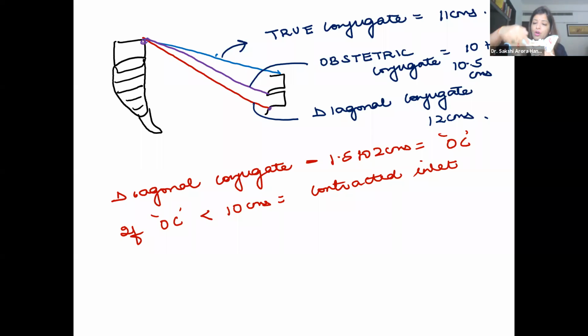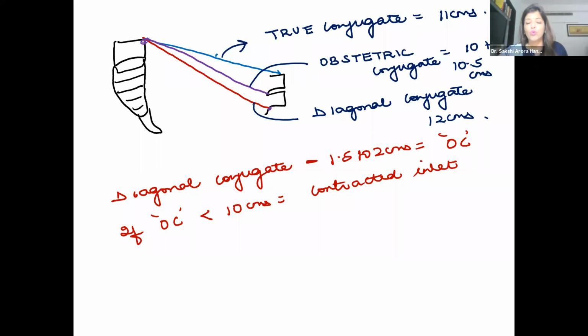So from the upper border of pubic symphysis up till sacral promontory, true conjugate. From the middle of pubic symphysis up till sacral promontory, obstetrical conjugate. And from the lower border of pubic symphysis going up till sacral promontory is diagonal conjugate. And obviously, it is only the diagonal conjugate which can be measured clinically, right?